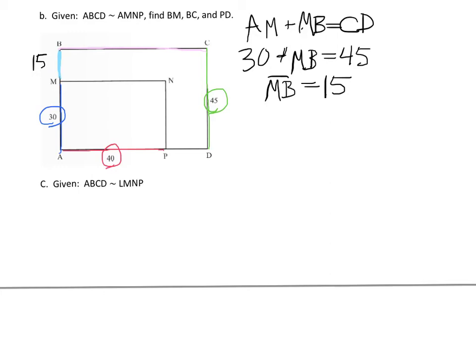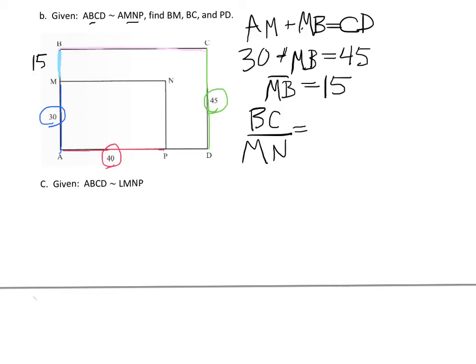So if I could figure out what that whole BC is over MN, because that's the similar piece. Once again, I can check my letters, BC and MN. That proportion should be equal to, well, I'll use what else I know.